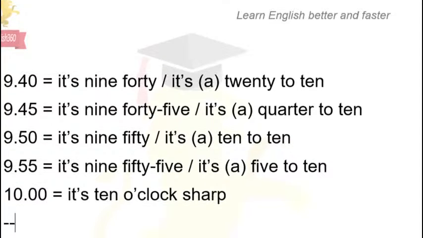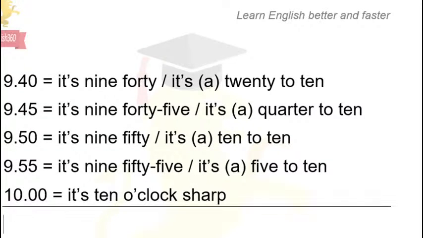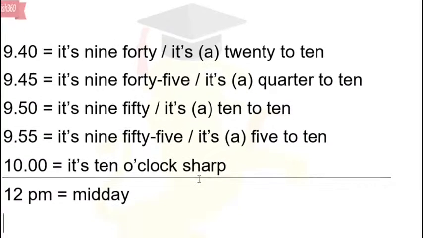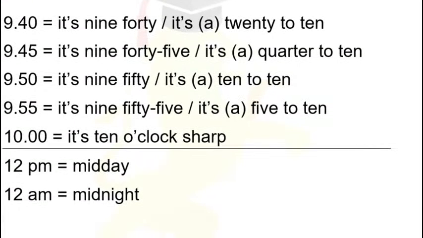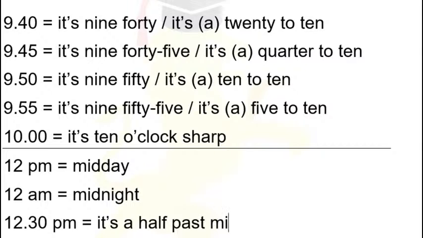Right, other ways. 12 p.m. is midday. 12 a.m. you guessed it, midnight. So you can also say 12:30 p.m. It's the same as it's a half past midday.